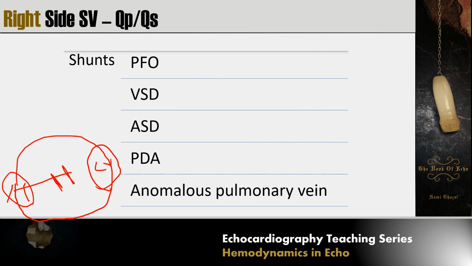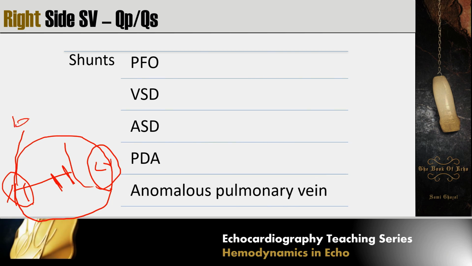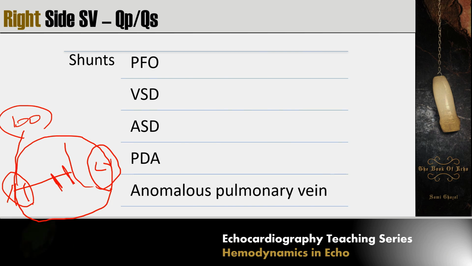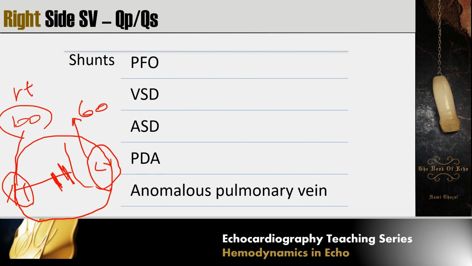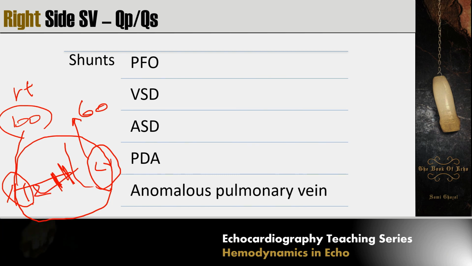So in that case, we will have more blood leaving the right side than blood leaving the left side, because now let's say 100 ml came out of this right side, and only 60 ml is going out the left side. So the difference is 40 ml. Those 40 ml are shunted from the LV through some defect somewhere to the right side.